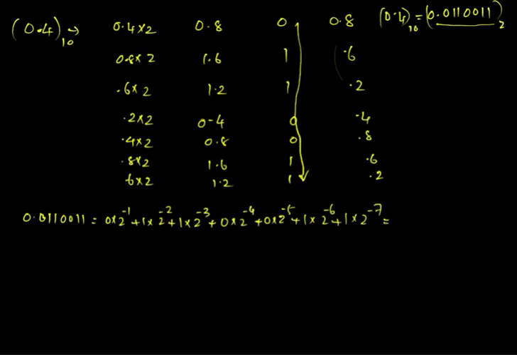So the first terms are 0, and it is 1 by 4 plus 1 by 8 plus, this is 16, this is 32, this is 64, plus 128.